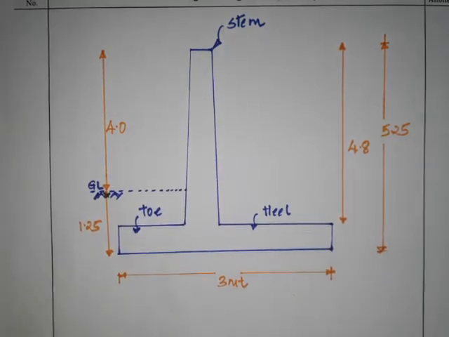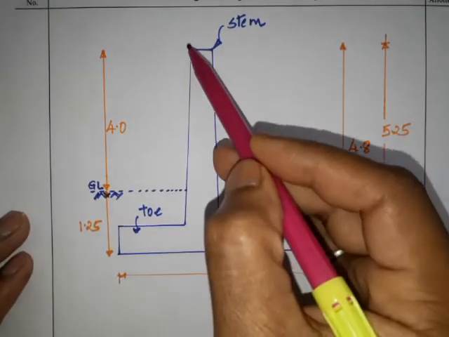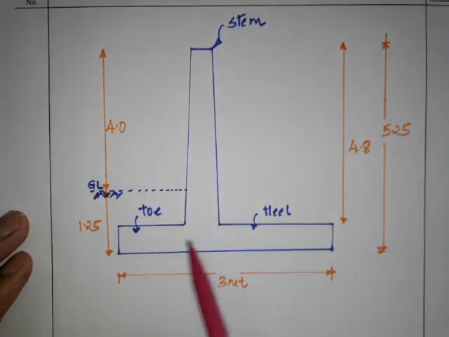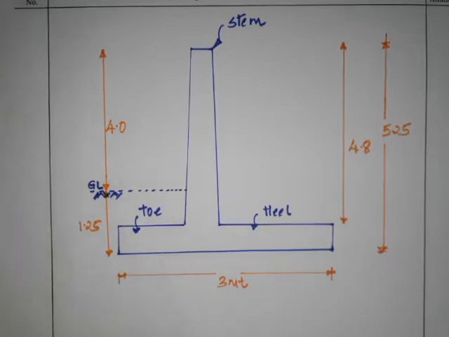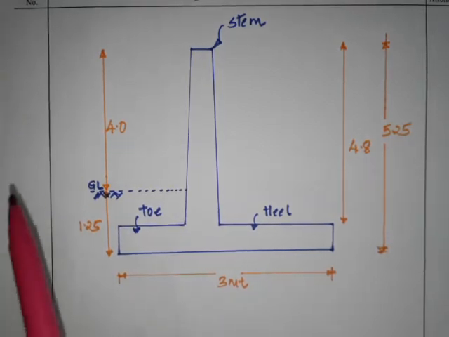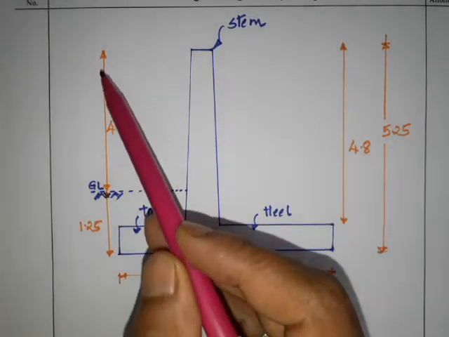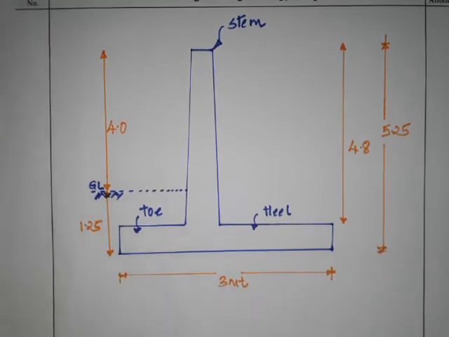So these are the basic dimensions which you have fixed. This the vertical element is the stem, and this, toe slab plus heel slab together, is the base slab. Okay, it is given the height of retaining wall above the ground level. So this is ground level, it is 4 meter, and we got the depth of foundation as 1.25 meter.